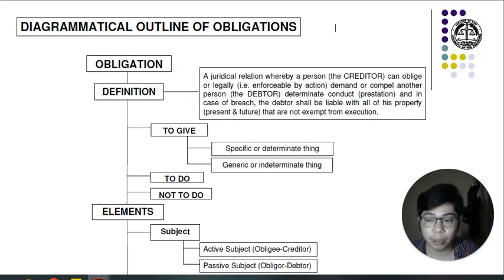So, first, we have the subject. Second, we have the object. And third, we have the juridical or legal tie. Okay? So, first, let's discuss the subject. It could be either an active subject or a passive subject. The active subject is the one who demands the fulfillment of the obligation.